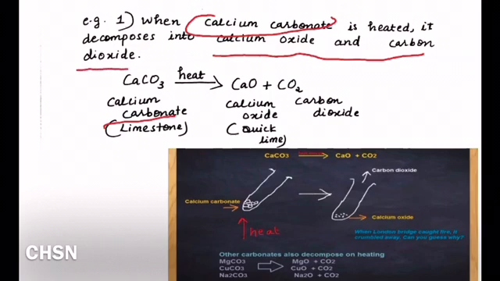So can we say that it is decomposition reaction? Yes, because in decomposition reaction there will be only one reactant. Here there is only one reactant, calcium carbonate, and in decomposition reaction there should be minimum two products. And here we have two products: calcium oxide and carbon dioxide.